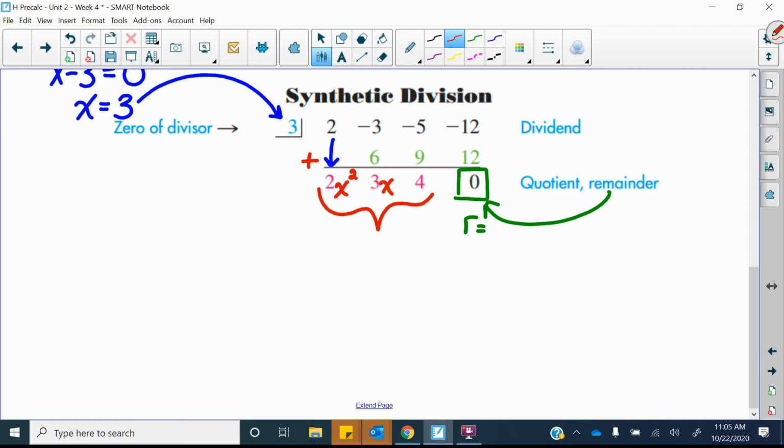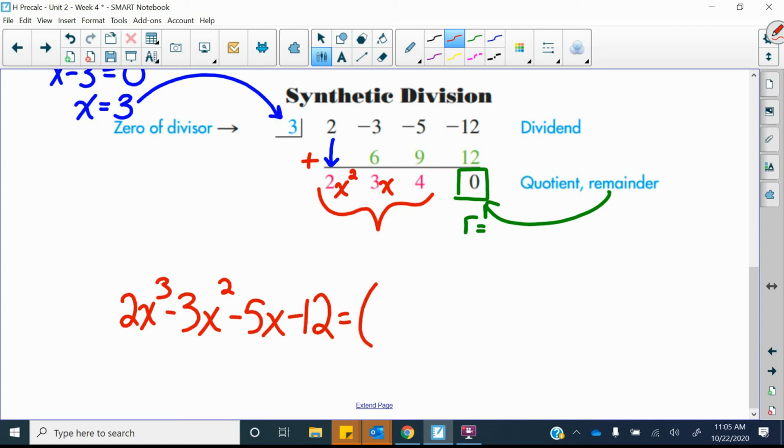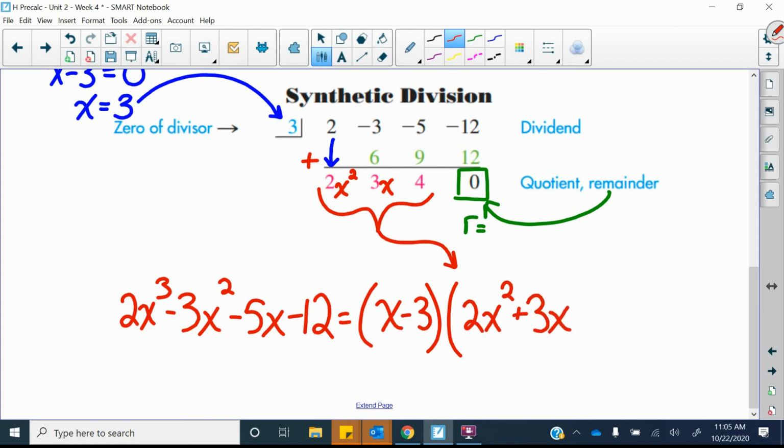So if I went through and wrote this in polynomial form, we had 2x to the third power minus 3x squared minus 5x minus 12 equals our divisor, x minus 3, times the polynomial, our quotient in this particular case. So 2x squared plus 3x plus 4. And since we have a remainder of 0, I don't even have to add that in here.